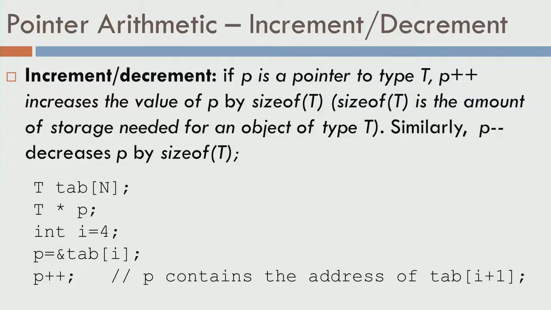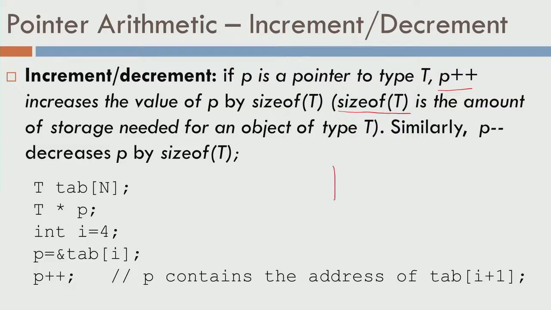I already mentioned this. If you say size of data type, it tells you the number of bytes required to store the data type. So, when you do P plus plus, it is not incrementing P to point to the next byte, it is going to make P point to the next valid element of the data type T.